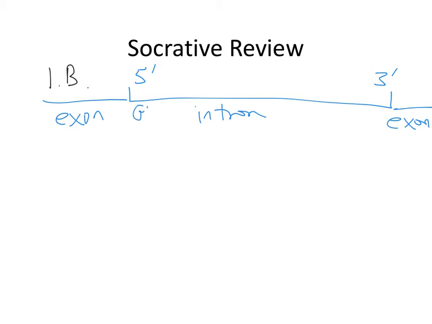There's a G and a U, and then there's an A and a G at the 3' end. You must remember this, or have it accessible in your notes. And there's one more thing. There's an A in here somewhere. It's called the branch point, for reasons that we're not going to discuss. But that is the signature of an intron. It starts with a G, a U, it ends with an A and a G, and somewhere in between there's an A.